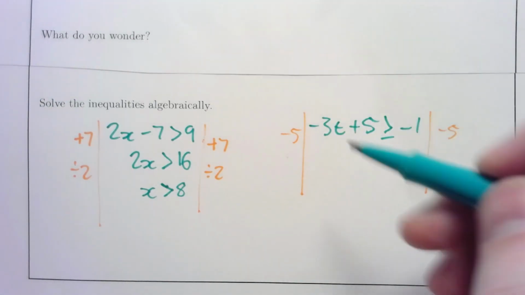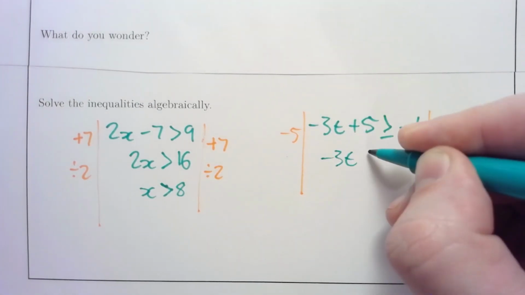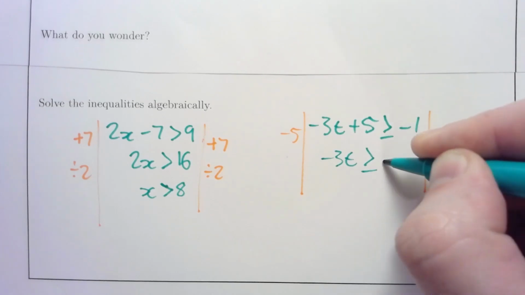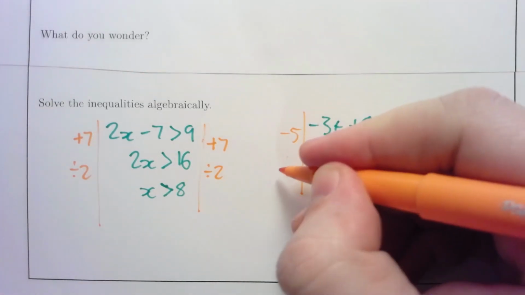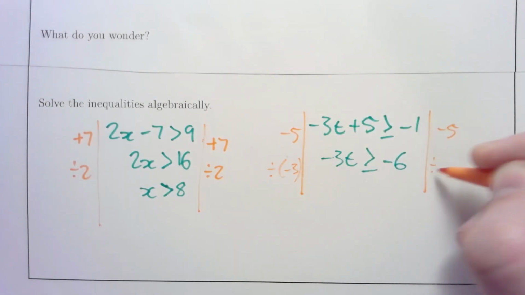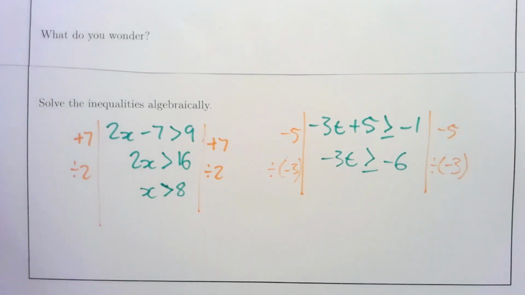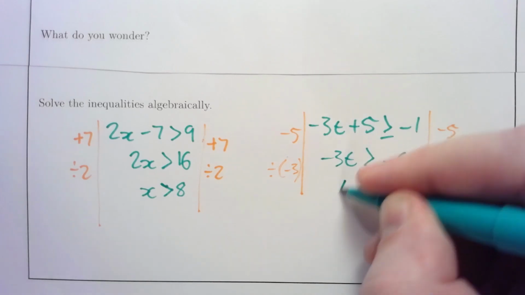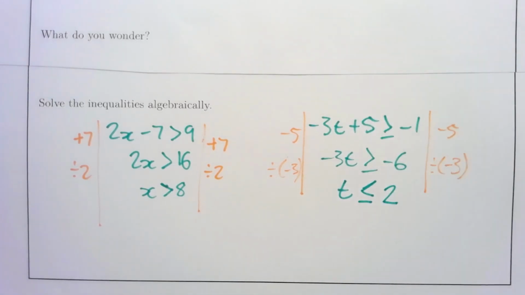Once we've done that, we have that negative 3t is greater than or equal to negative 6. Then we'll divide by negative 3, and doing this causes our change of direction. So t is now less than or equal to 2.